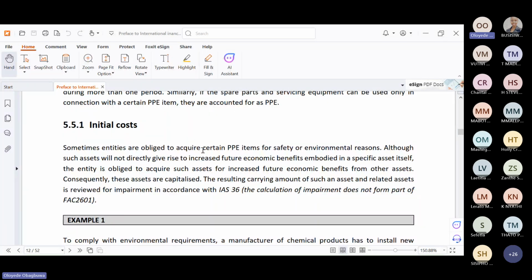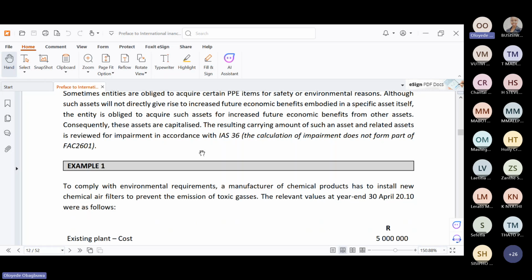So we talk about initial cost. Initial cost is the cost of that particular asset, taking into consideration all other traceable costs. We are going to see the details as we go on of how you determine the initial cost of an asset.